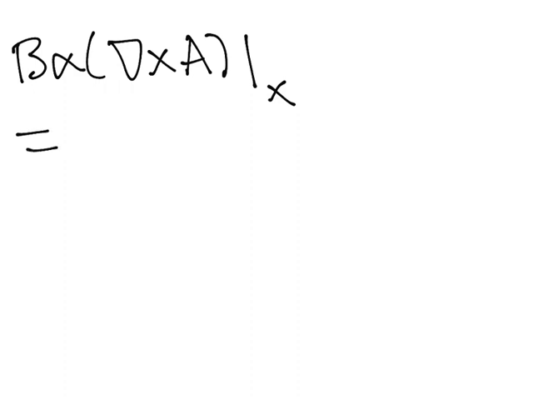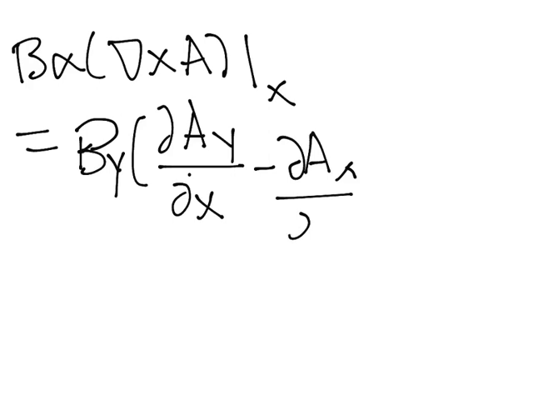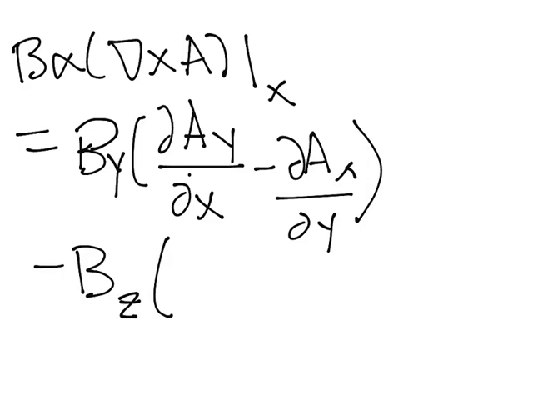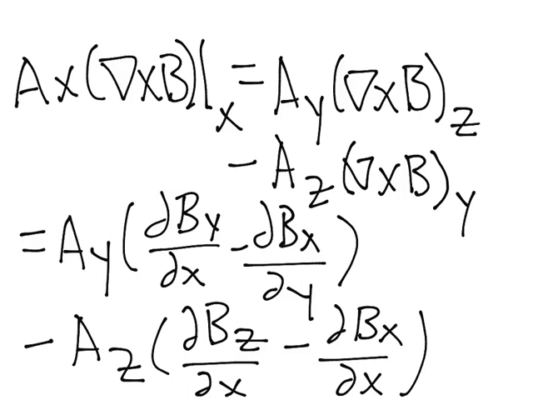We're going to find out that this is equal to BY times this, and so on, minus BZ times del az del z minus del ax del x. Okay, so this is what we're going to have to work out. And if you really want to, you can work this out on your own. That would be part of solving the problem. However, I will leave that to you, so that you can't just follow along. You will have to work this out on your own.